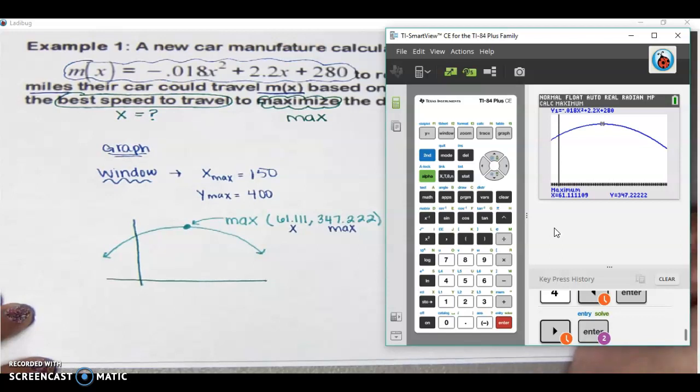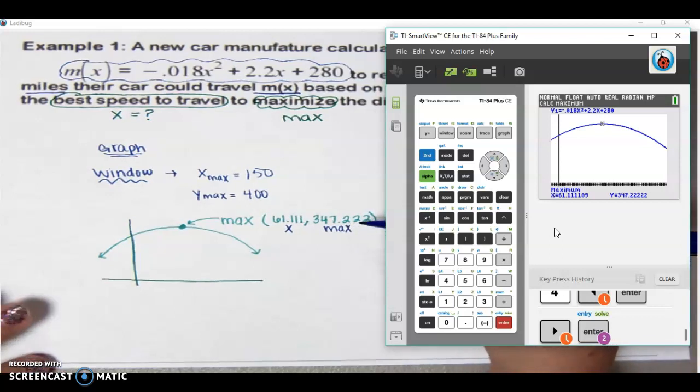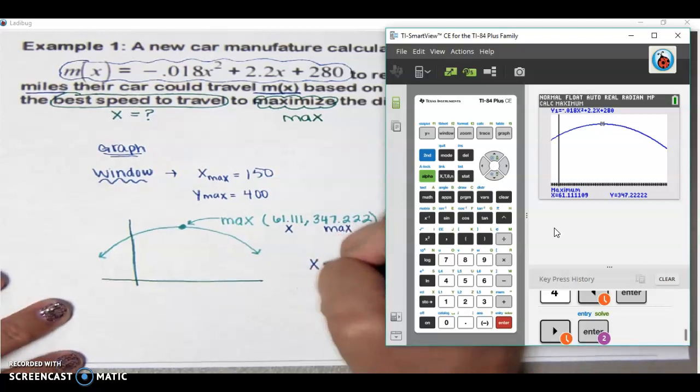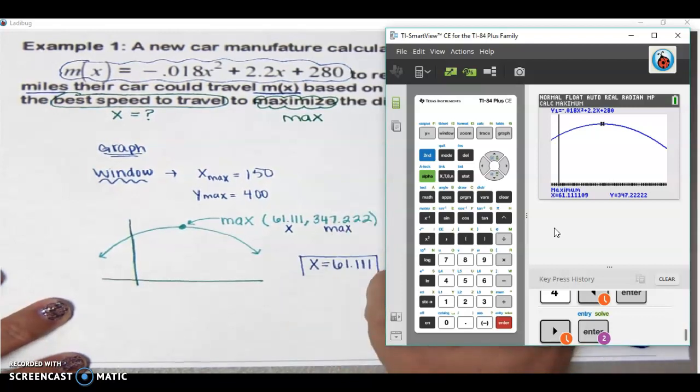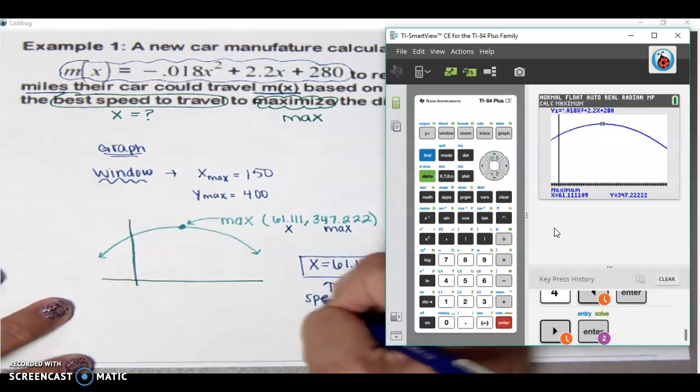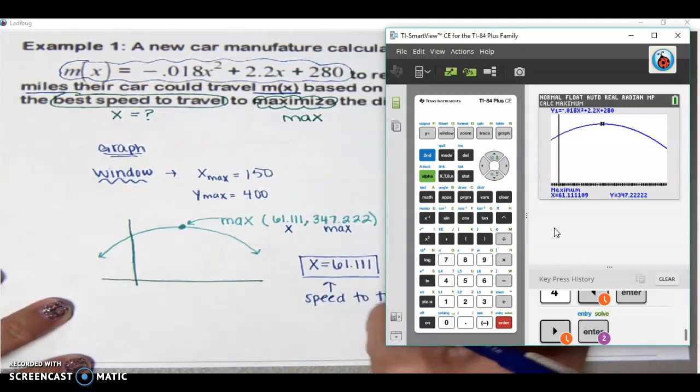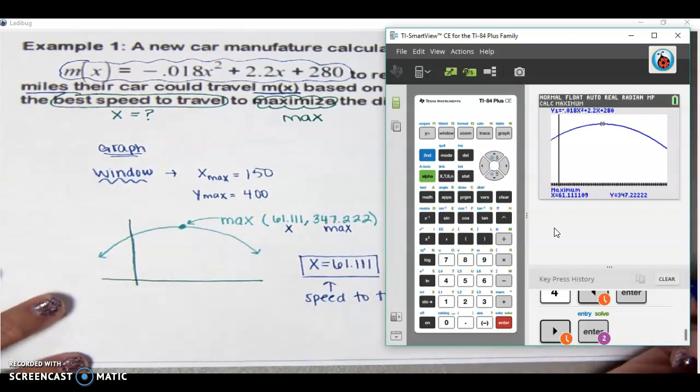So if it asks for the maximum, our answer would be this 347. But remember it said, what is the best speed to travel? So that's the x value. The x value here is 61.111, and that is our answer, because that's what we wanted. This is the speed to travel. Now there were no units here. If there were, we could put that in there.